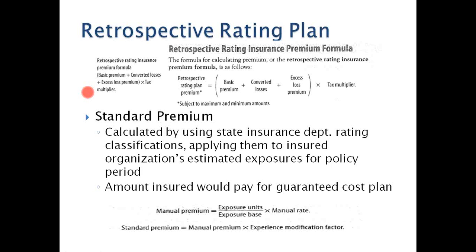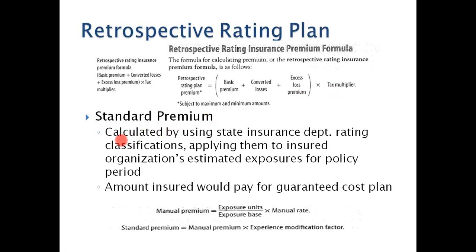Under a retrospective rating insurance formula, this is what you're going to be calculating. The retrospective plan premium, how much we're going to charge you, is your basic premium plus converted losses plus your excess loss premium, times a tax multiplier. And we'll show what this all means in detail in the next couple of slides.